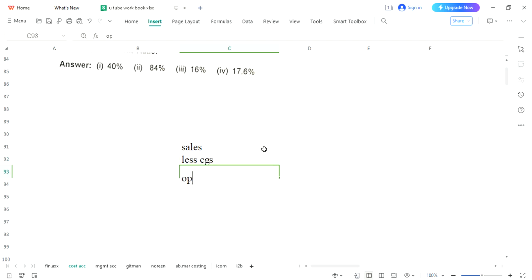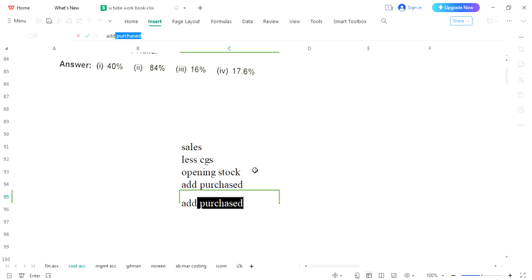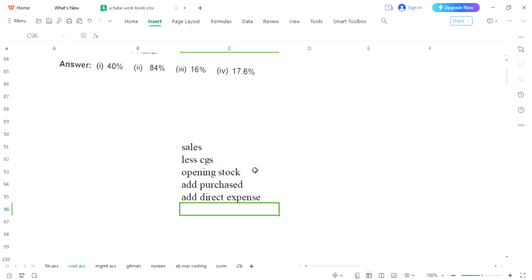And how do you make cost of goods sold? First opening stock, then you will add purchases, then again you will add any direct expenses, and then write down returns.